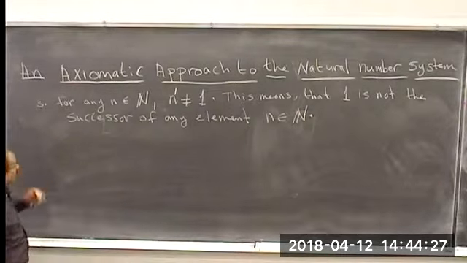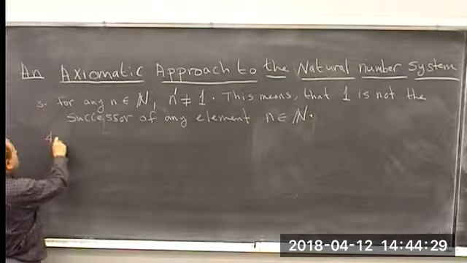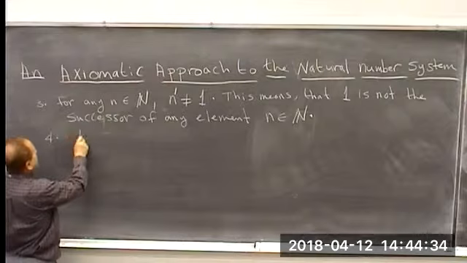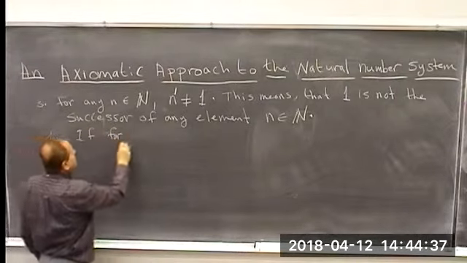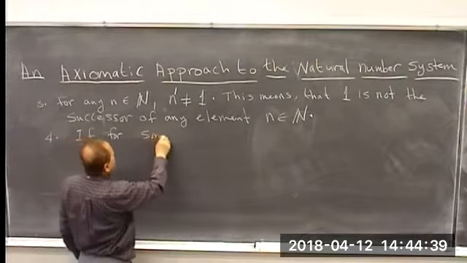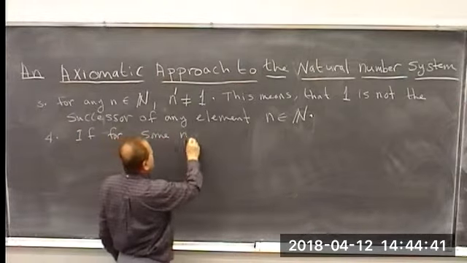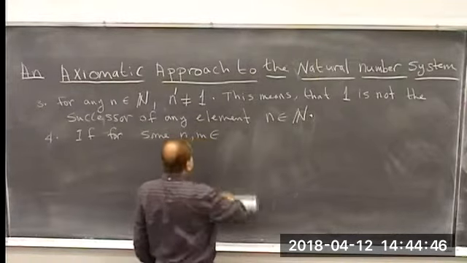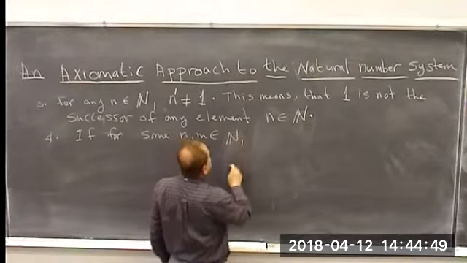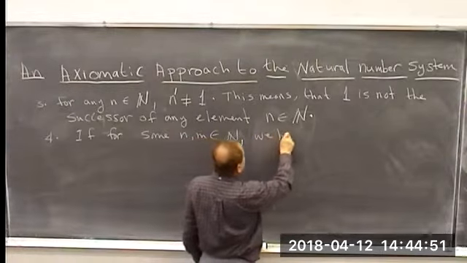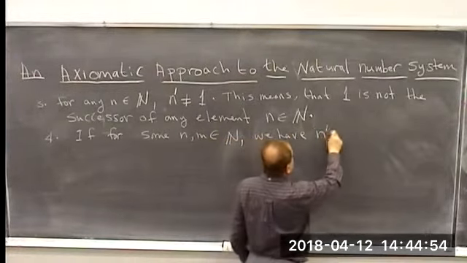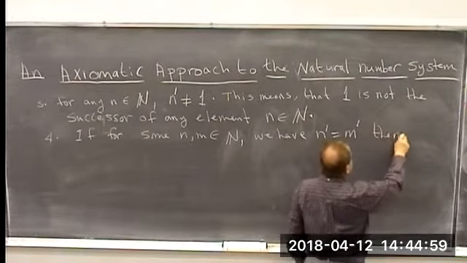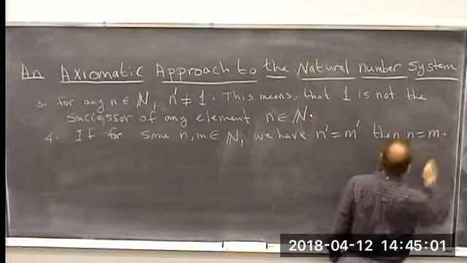All right. The fourth axiom says that if for some n, m in N, we have the successor of n is equal to the successor of m, then n must equal m.